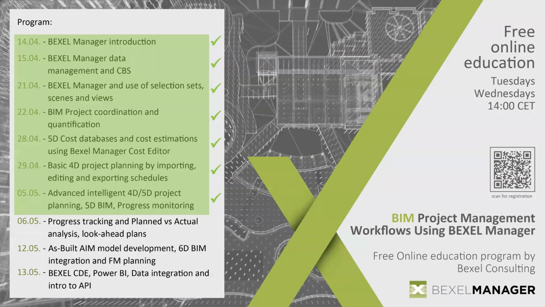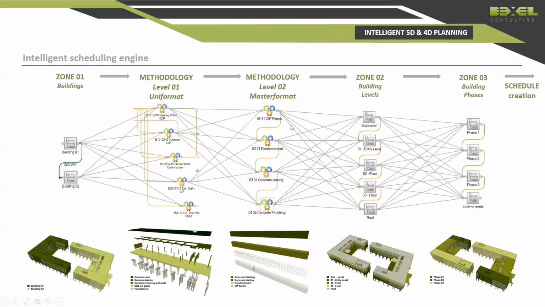Again, I presented how you can create different levels of phases, and in our platform, this is called zones. These are physical representations of different parts of your buildings or different logical groups of your activities on site. I presented zones for the levels, or building stories, and we used some physical phases or zones of the buildings.